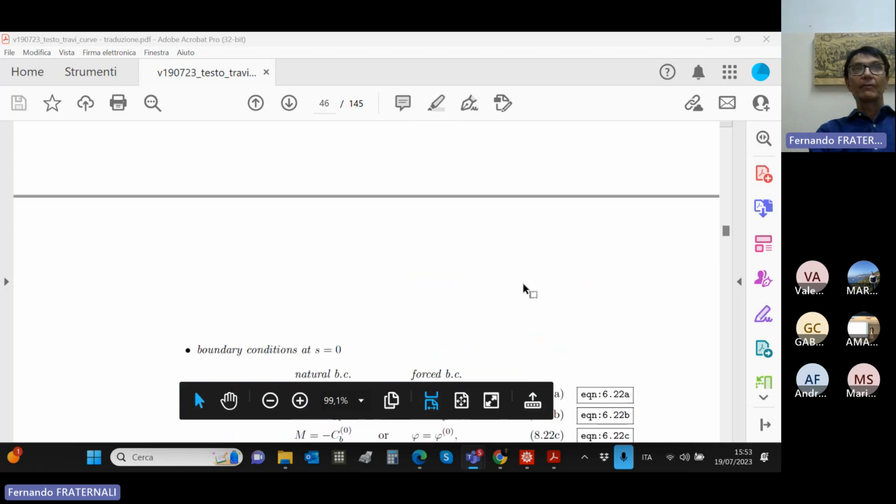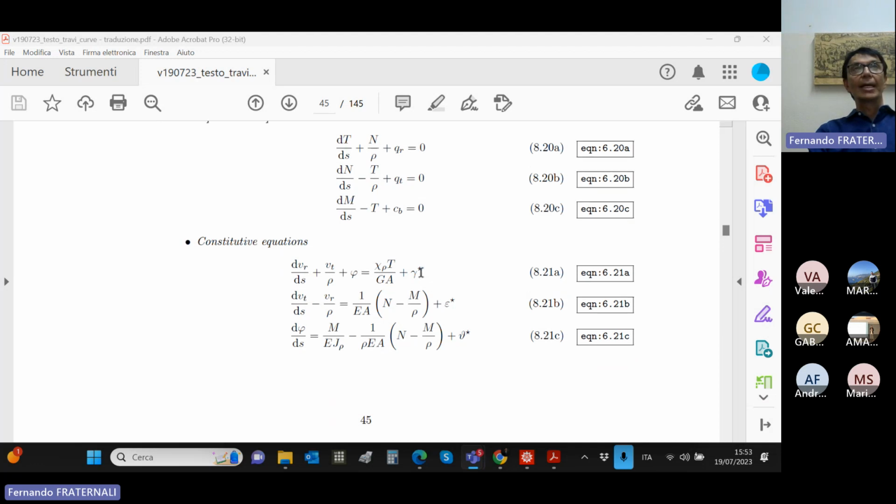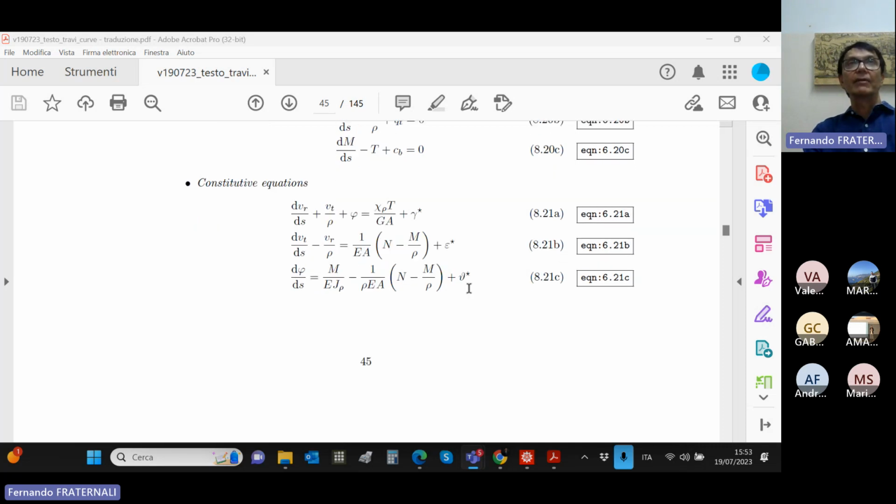From now on, when we have these eigen strains, we convene to denote by gamma, epsilon, and theta, without any other symbol, the elastic part of the shear strain, axial strain, and bending strain, while with the star we denote these eigen strains, and the summation of the elastic part and the eigen strains gives the total strain.